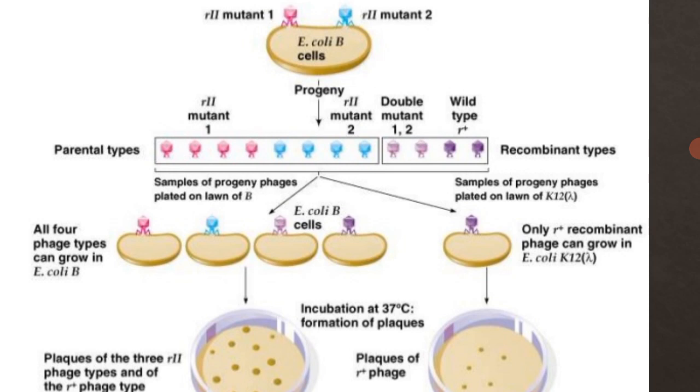All right, so in total we are having 4 progenies from the bacteriophage crossing.